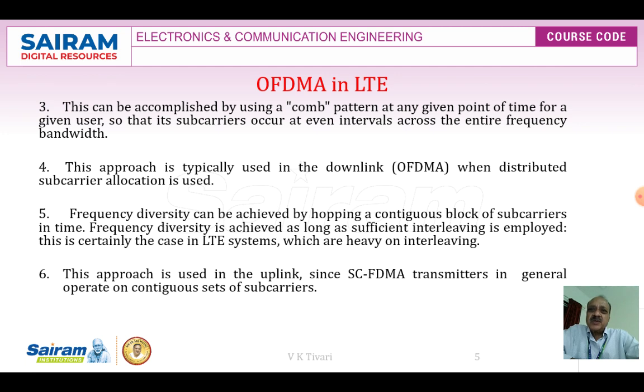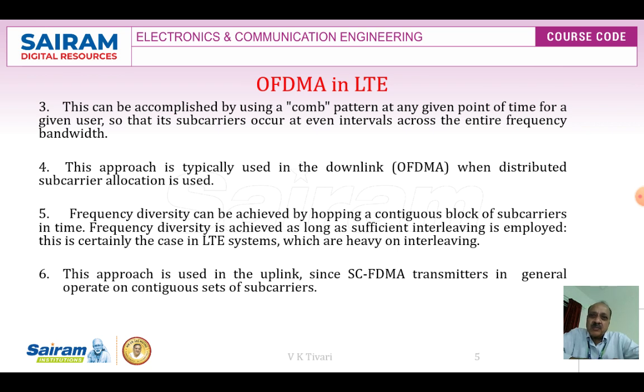This approach is typically used in downlink OFDMA. When distributed subcarrier allocation is used, frequency diversity can be achieved by hopping the continuous block of subcarriers in time, as long as sufficient interleaving is applied. This is certainly the case for LTE systems, which are heavy on interleaving.